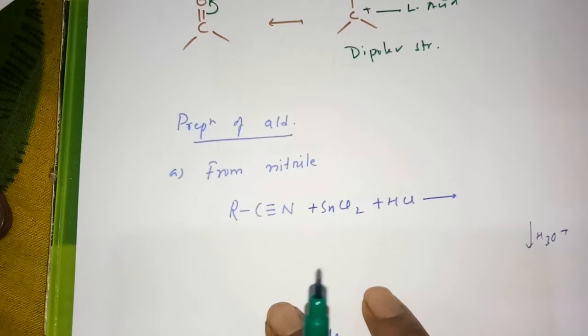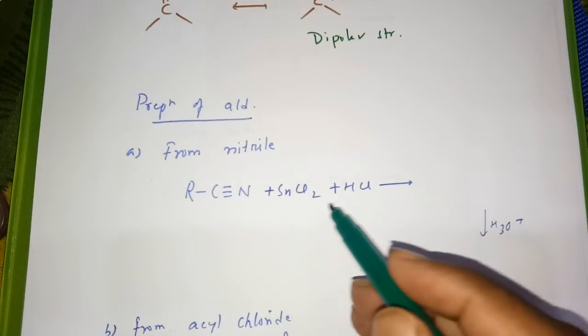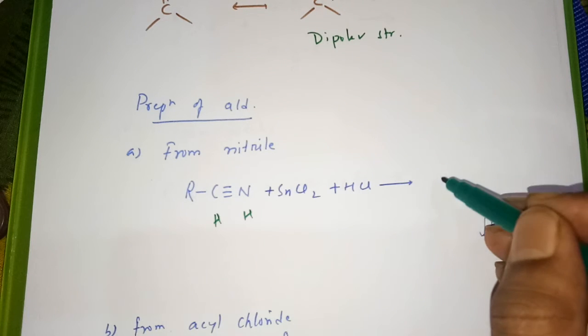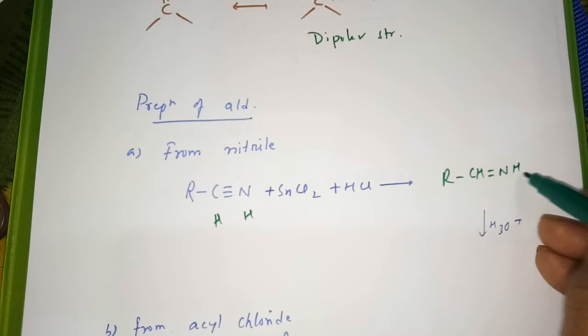Now moving towards preparation of aldehyde. From nitriles you can prepare: 2 hydrogens will come here, one hydrogen goes to this one, and one hydrogen goes to this one. Look, CH double bond NH.